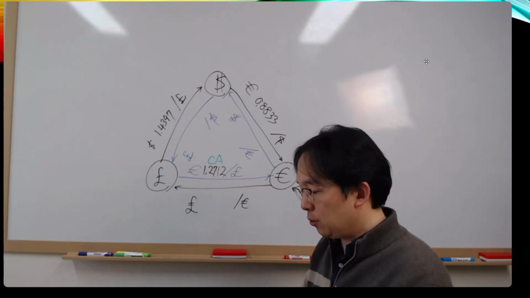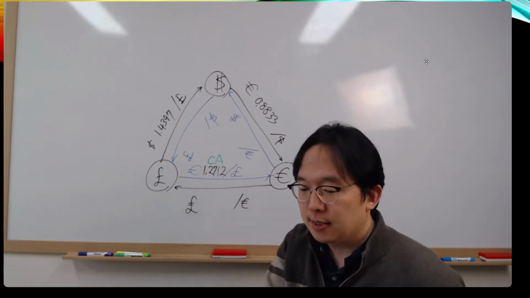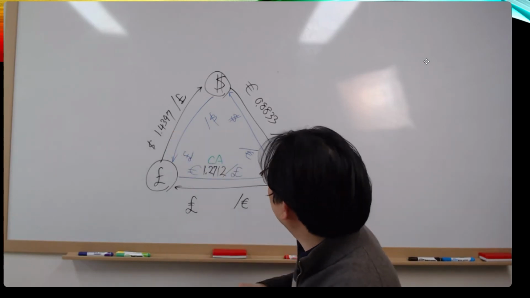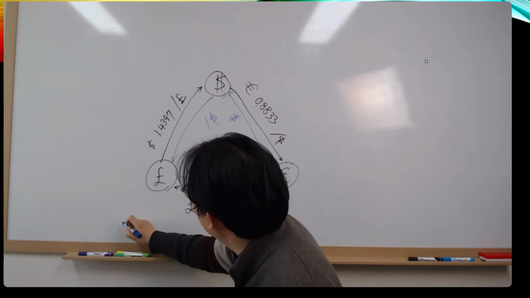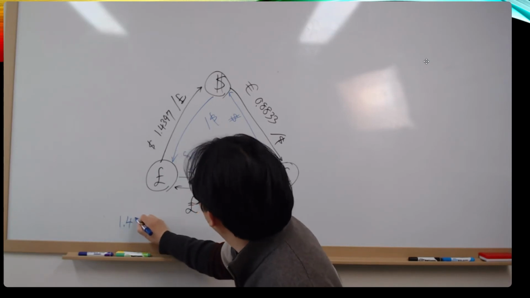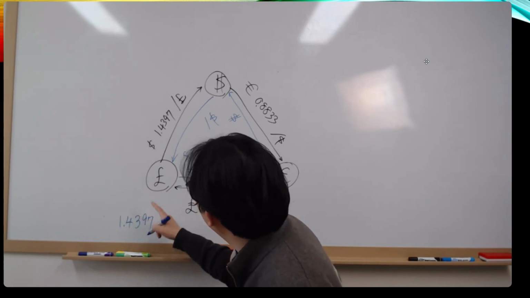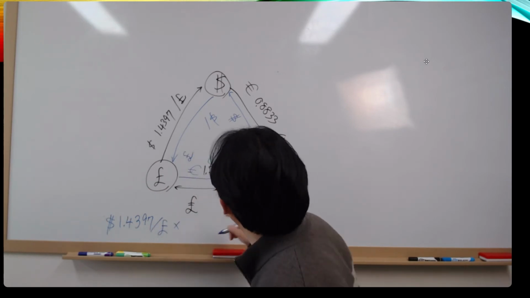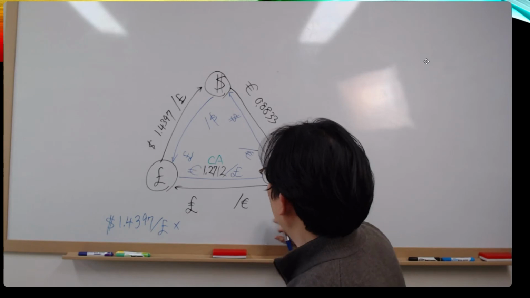Okay, so let's do that. Starting with 1.4397 US dollar per pound times what is this?